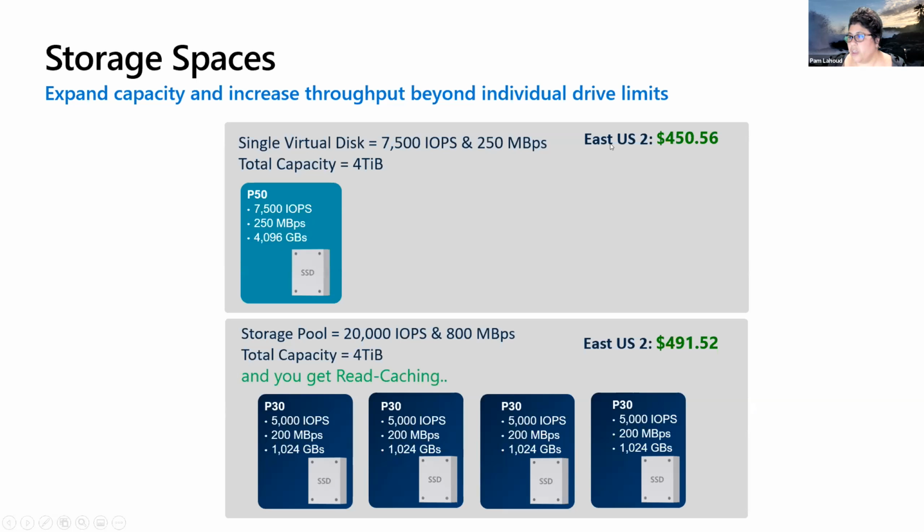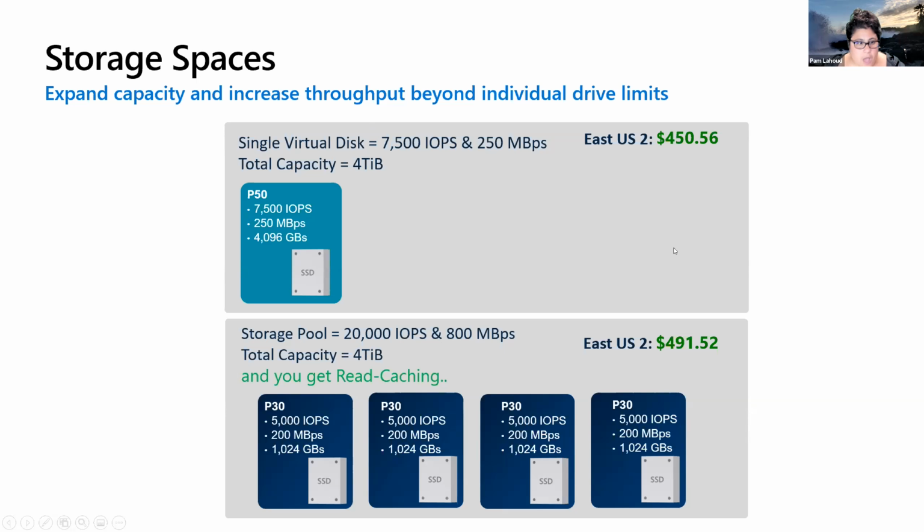A storage pool with 4 terabytes with 4 P30 drives costs about the same, $491 per month. But look at how much more IOPS you get. You get 20,000 IOPS and 800 megabytes per second of throughput. So it's the same capacity, but you get a lot more IO throughput if you stripe it in a storage pool for about the same money.